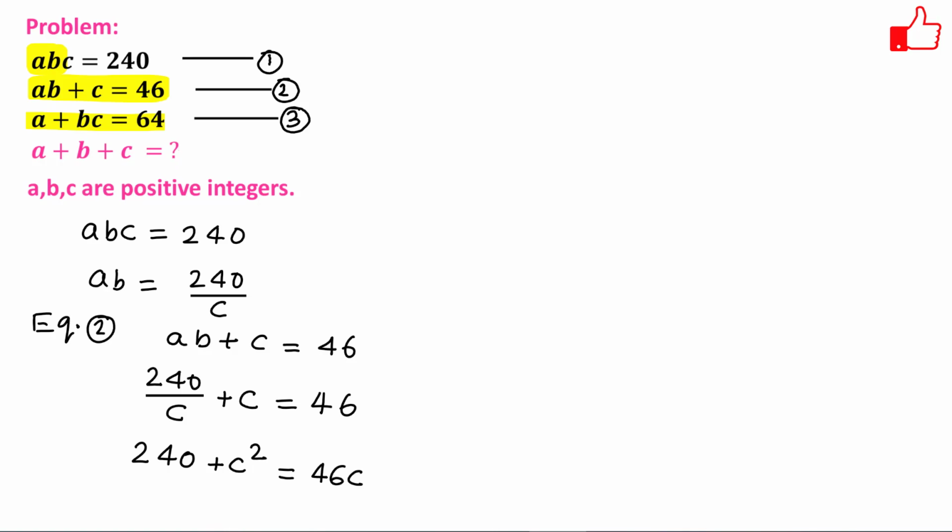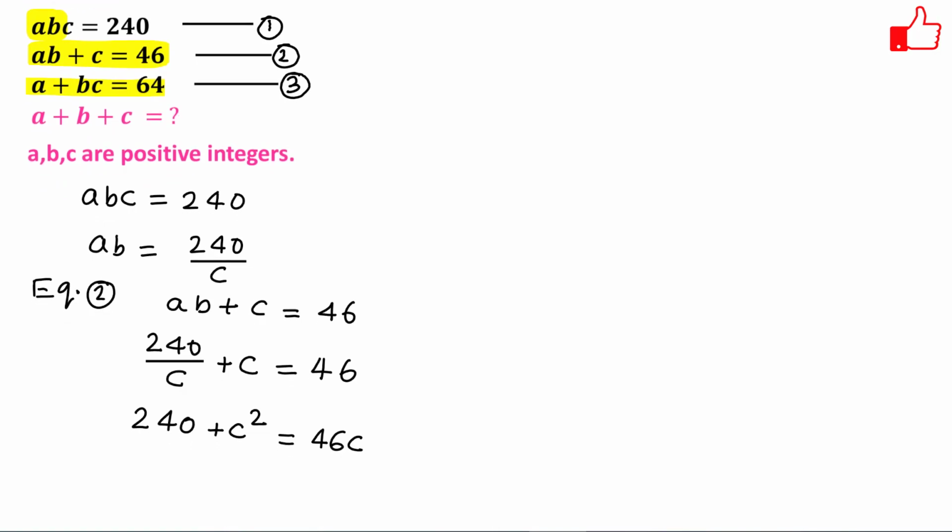Now this is basically a quadratic equation. Let us take 46C to the left hand side. So I will have C square minus 46C plus 240 equals 0. Now you can solve this quadratic equation directly using the formula or you can use the factorization method. So let us use factorization.